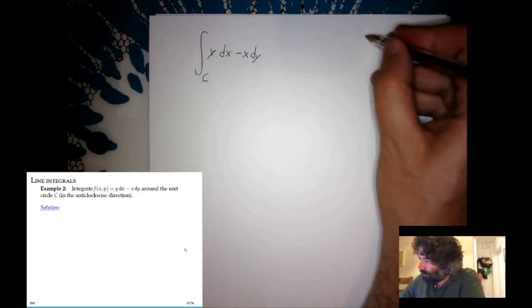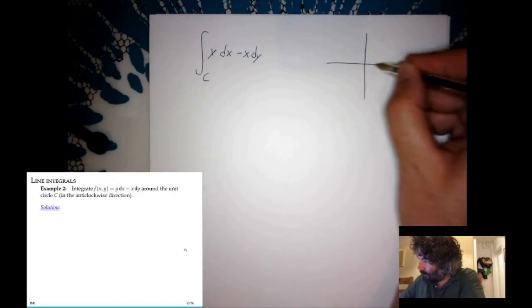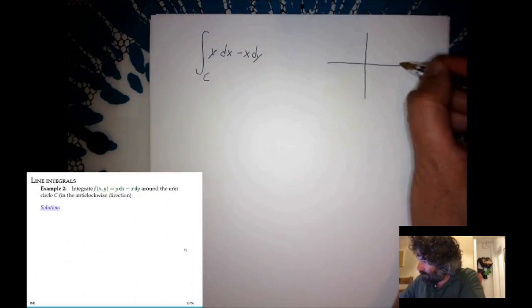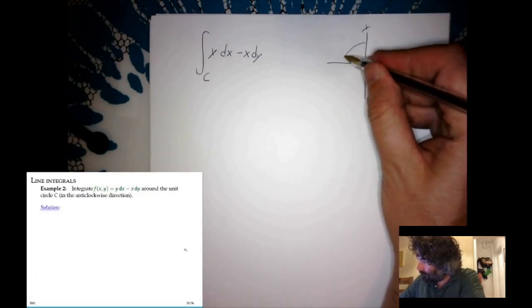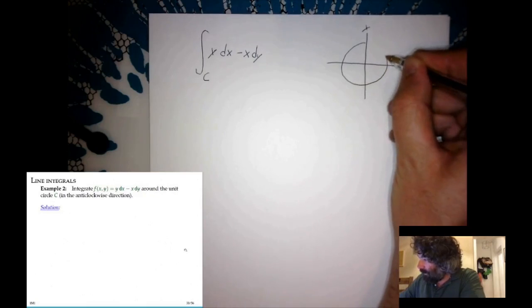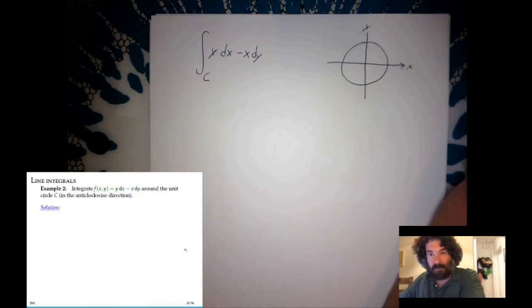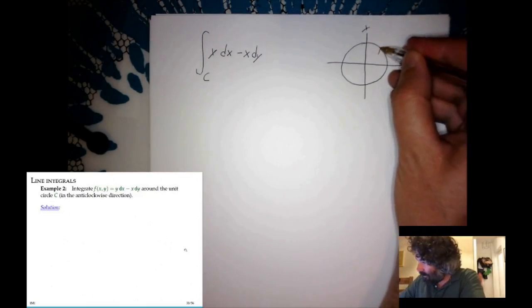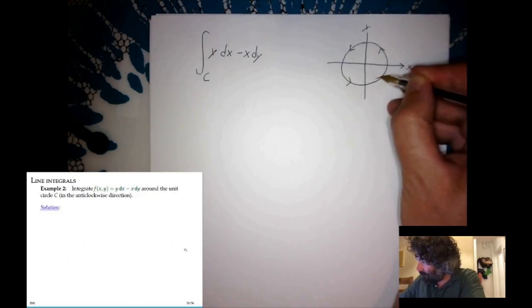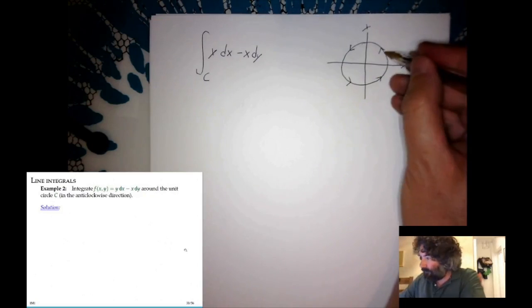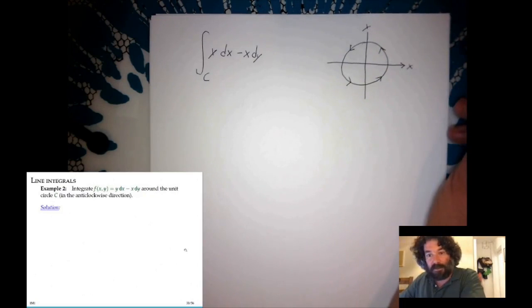So let me draw the curve that we're dealing with in this example. The unit circle, here we have the x and y axes. And we have this circle, we're going around it in the anti-clockwise direction. All right, so how should we parameterize the circle?